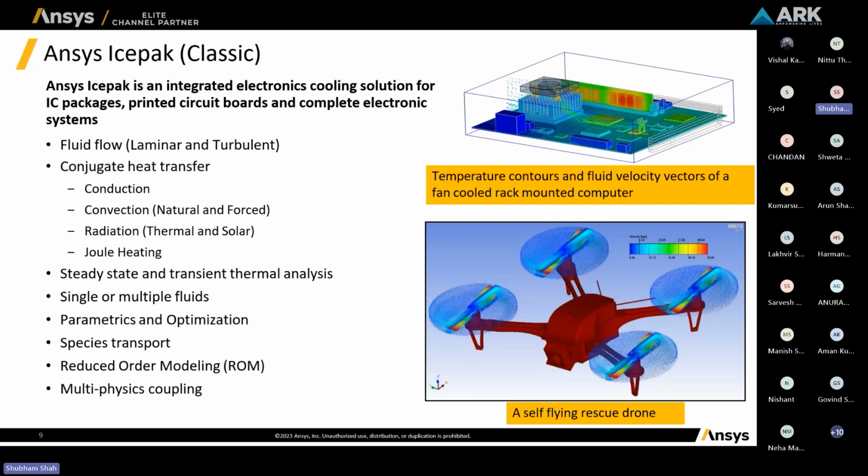Species transport model is also available, in which you can create your mixture template. So when it comes to species transport, let's say you're having a cooling channel in your electronic component, and the coolant flowing inside is a combination of two fluids. For example, 50% glycol and 50% water, or there might be any other fluid.